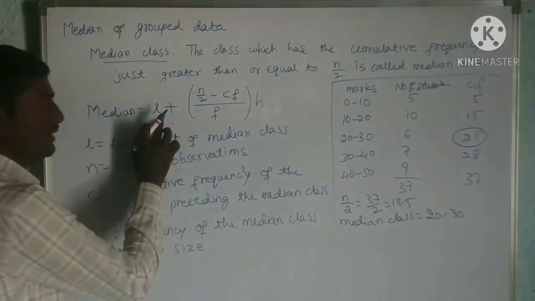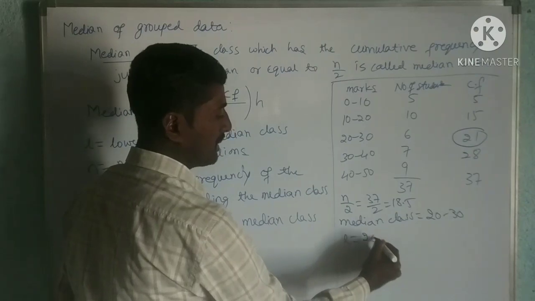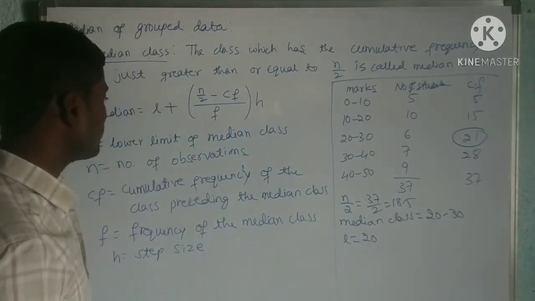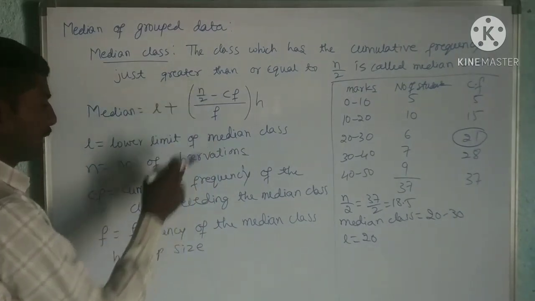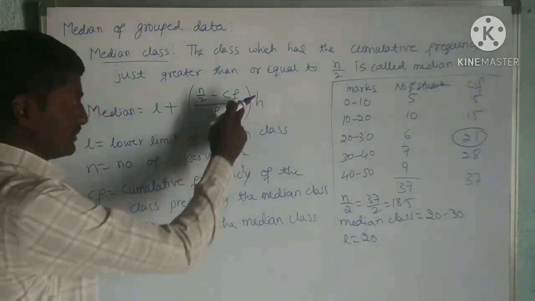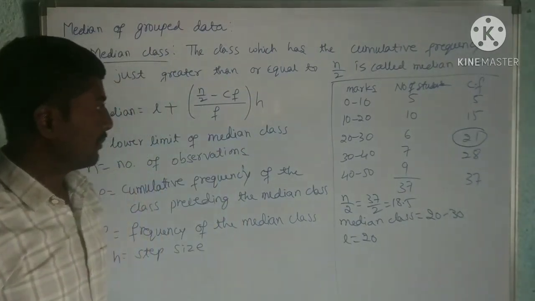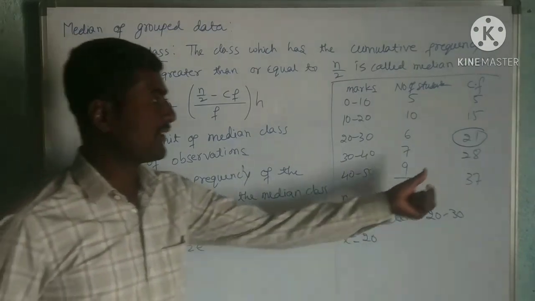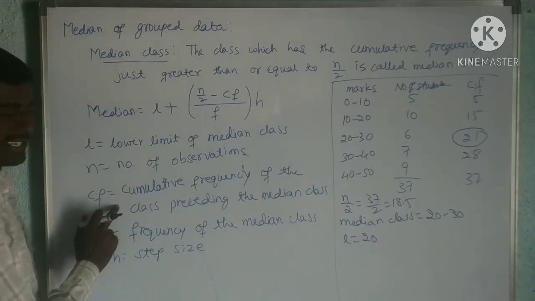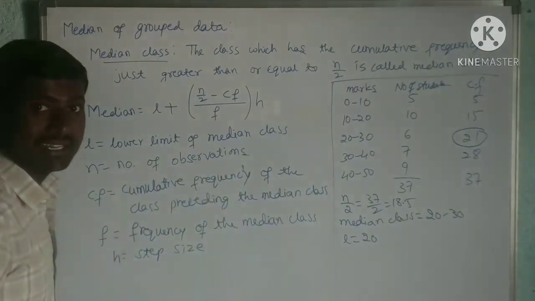Now I know the median class, so I can write L. L is the lower limit of the median class. Next, n by 2, which we already know is 18.5. Then CF. This is very important. Most of you will take CF here as 21. But the definition says CF is the cumulative frequency of the class preceding the median class.